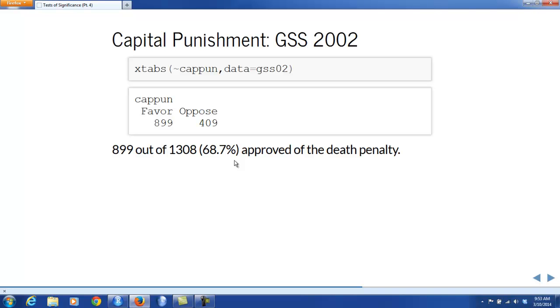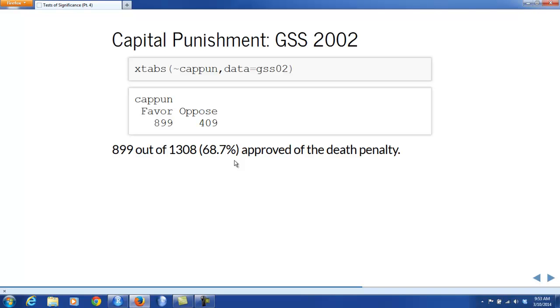Recall that the General Social Survey is a biennial study that's done in even-numbered years. It's a large study consisting of face-to-face interviews with thousands of people. Not all of them are asked the same set of questions, but generally for any given question in the study, quite a few, hundreds, even thousands, are asked that particular question.